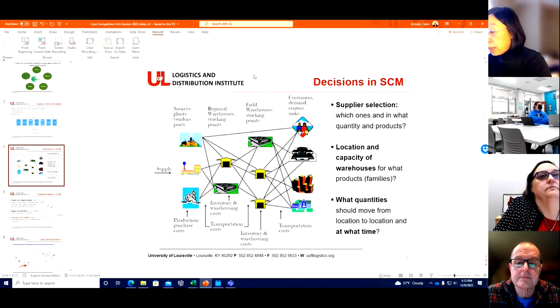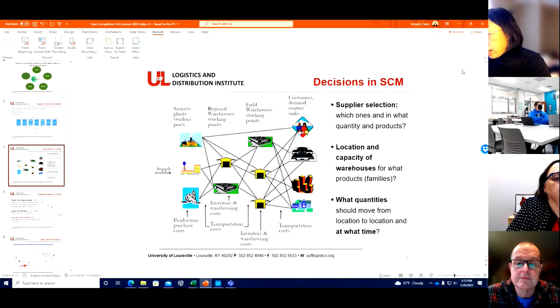Ultimately, when we meet the customer, we want to make sure the supply chain design is responsive, meaning that it meets the customer demand when they need it, at the right quantity. Those are the main decisions that will be reflected in this particular case study that we thought would be fun for you to try. Next slide, please.